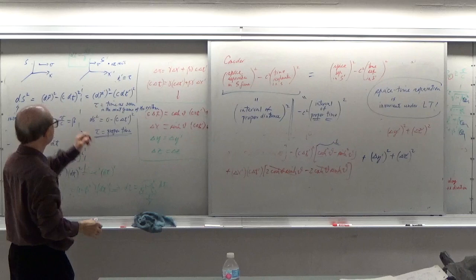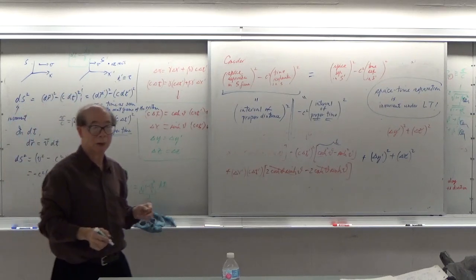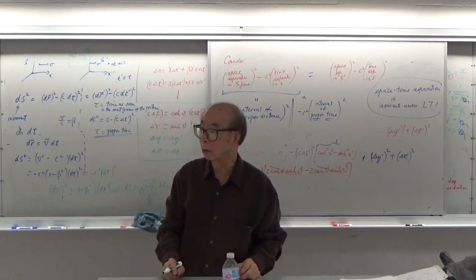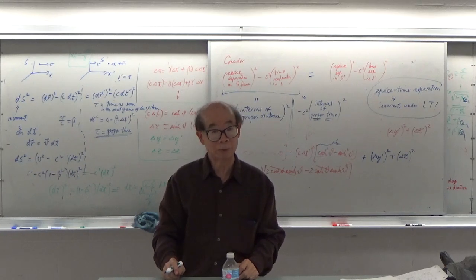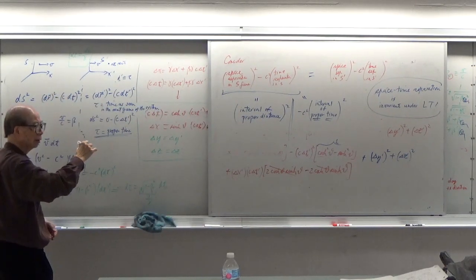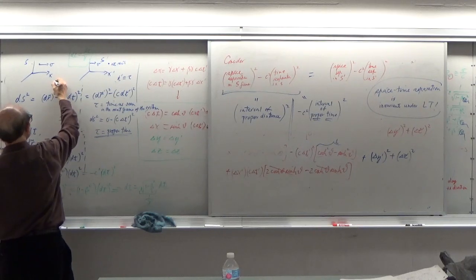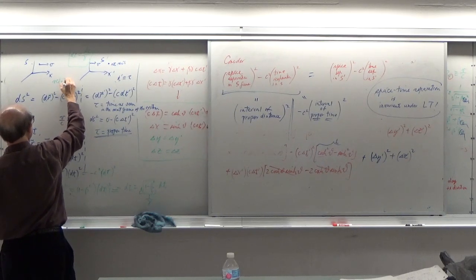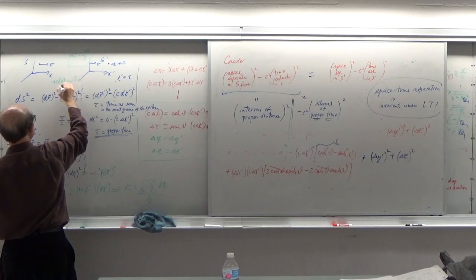And you will have to make use of this when we go on to talk about relativistic mechanics. Shortly, we'll do that in the 2 lectures from today's lecture, in relativistic mechanics.